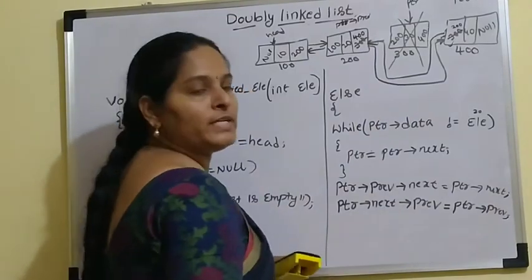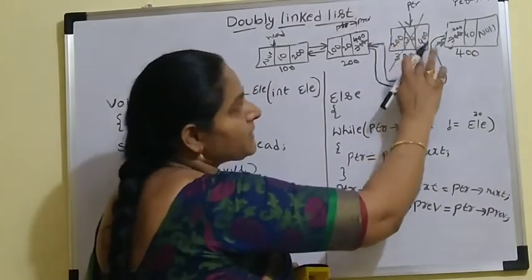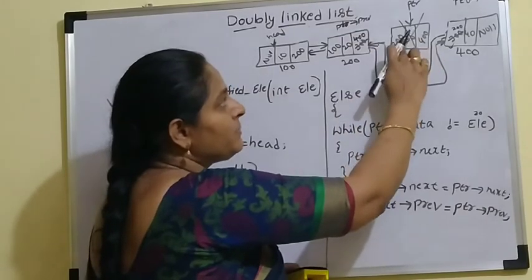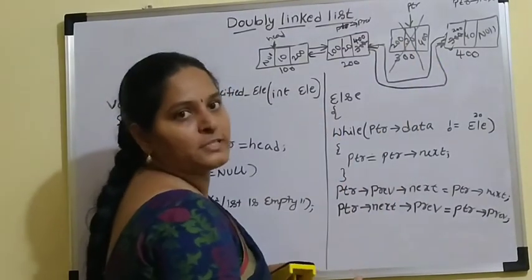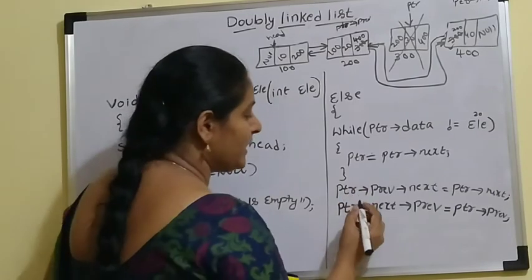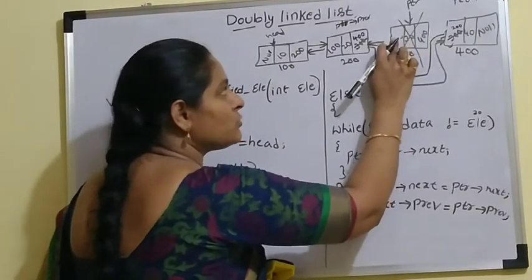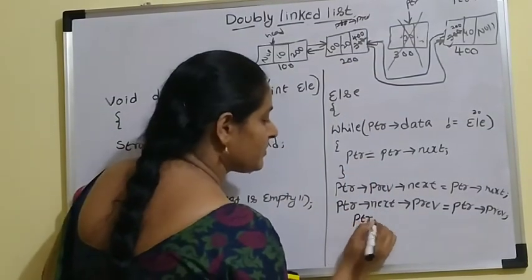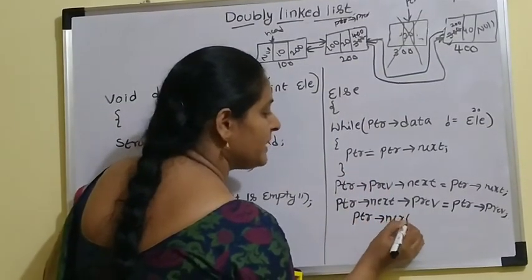Now this node is separated from the list, but still this ptr is having 200 in the previous part and 400 in the next part. That is the reason why we remove those two addresses also. So ptr next, make it null.